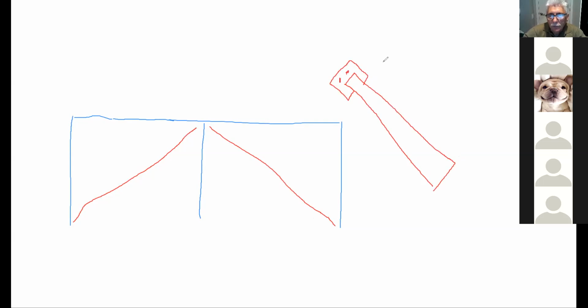Whatever you do here gets repeated here. So in other words, this detail would be here, here, here, and here. Agreed? So far, so good? Now, you're going to need to connect your brace to your structure.